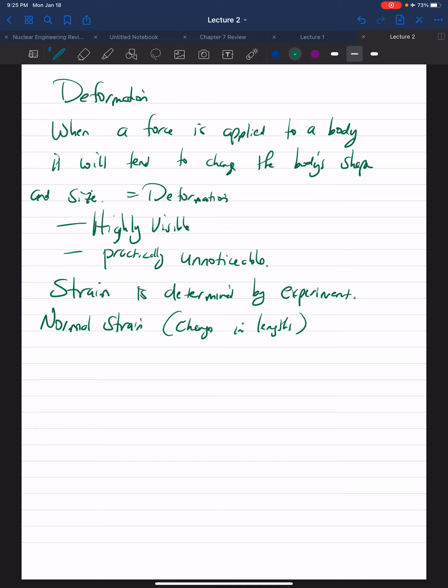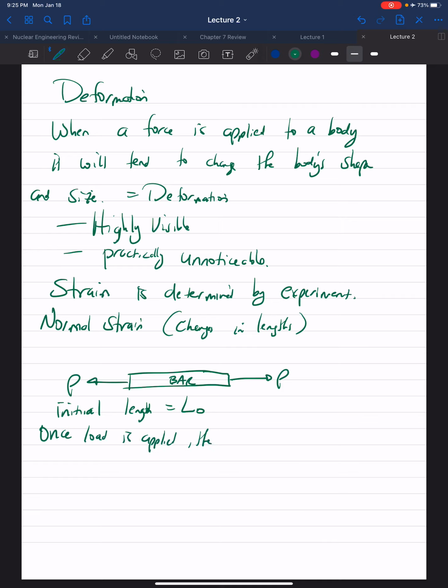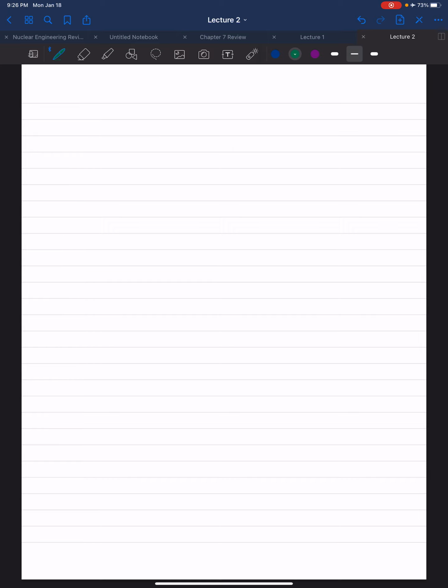So if an axial load is applied to, say, a bar, we have a load P. L sub O is the initial length before the load is applied, and once the load is applied, the new length is just L. L sub O is the initial length, and L is the final length.